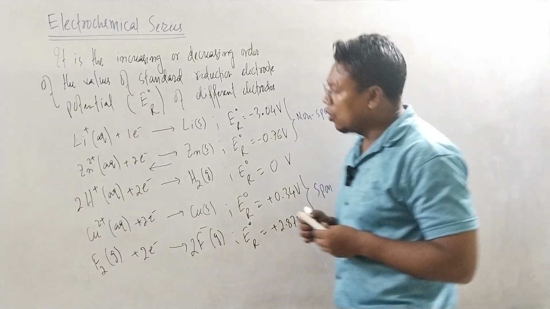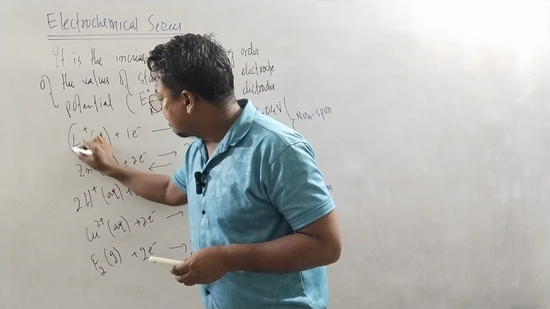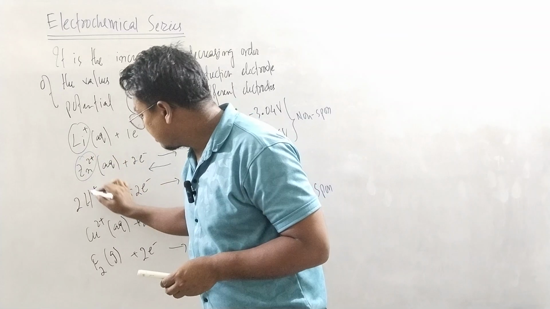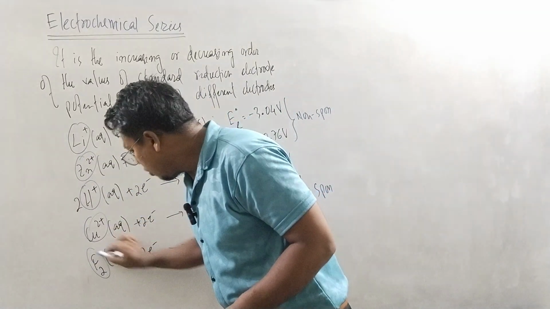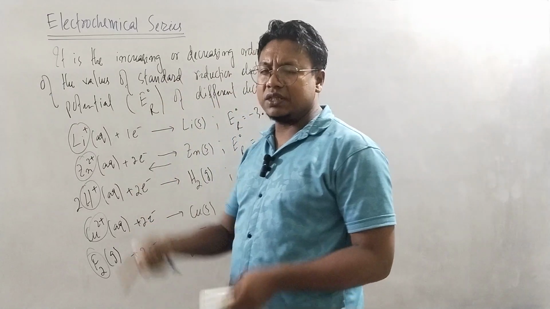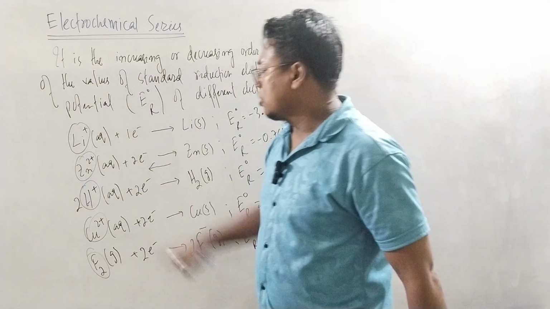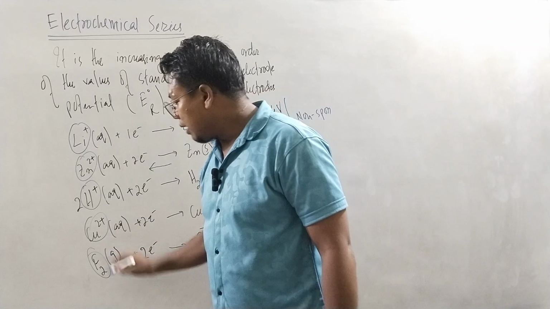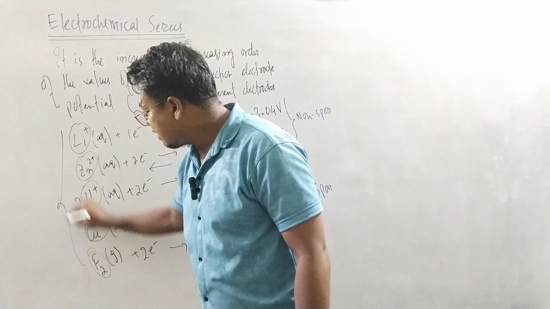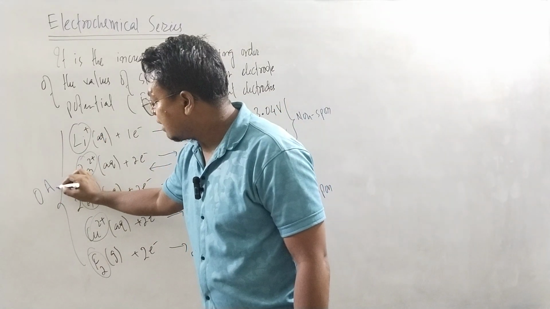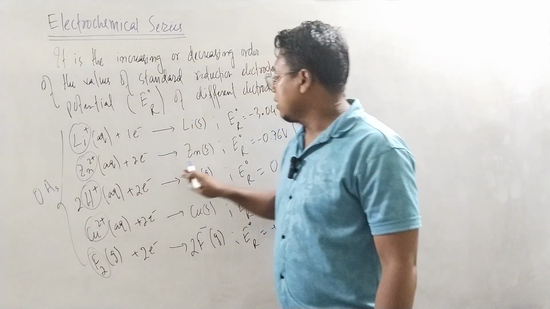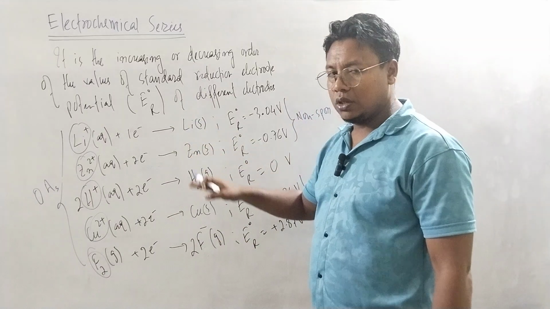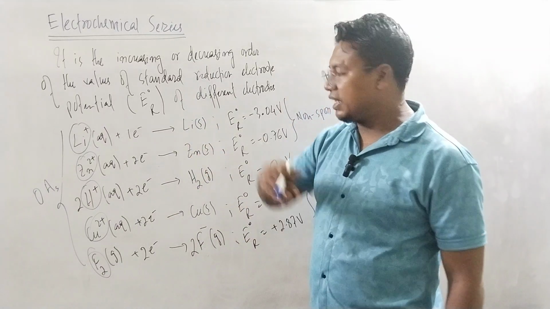Okay. So these are the substances which gain electrons. So these are the substances in which reduction takes place. So these are our oxidizing agents. These are oxidizing agents. Okay. And after reversing the reaction, this will be the substance in which oxidation will take place.